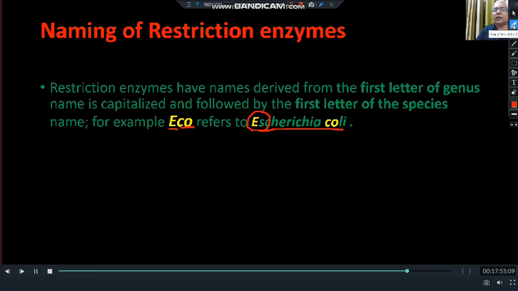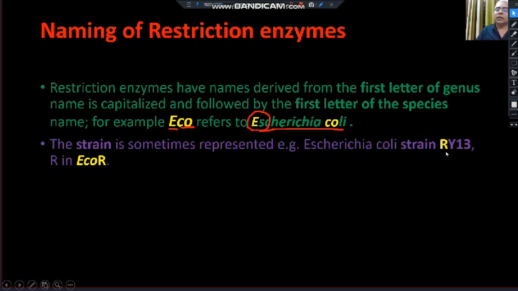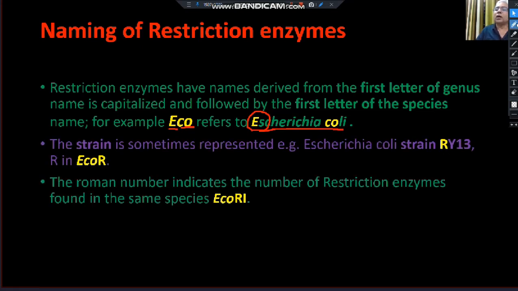Now if there is a strain of Escherichia coli, then the name of the strain, for example R, is added after Eco. So now the enzyme which has been taken out from the Escherichia coli R13 strain is EcoR.